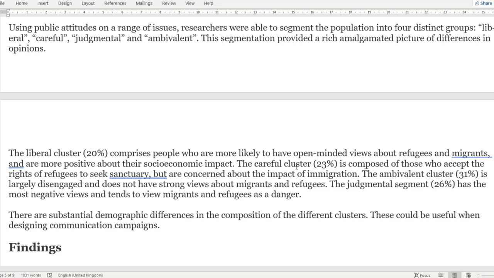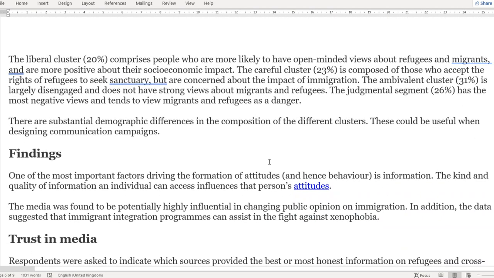This takes about 31%, is largely disengaged and does not have strong views about migrants or refugees. So they are neither here nor there about them. They just don't have any view. The judgmental segment is about 26% and has the most negative views and tends to view migrants and refugees as a danger. There are substantial demographic differences in the composition of the different clusters.